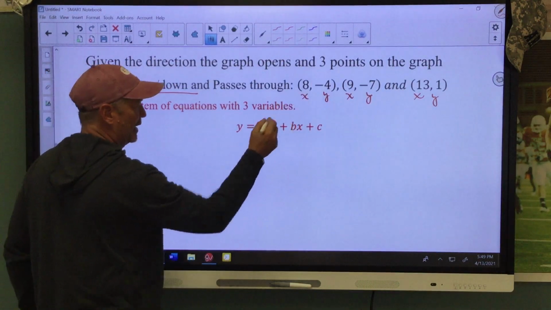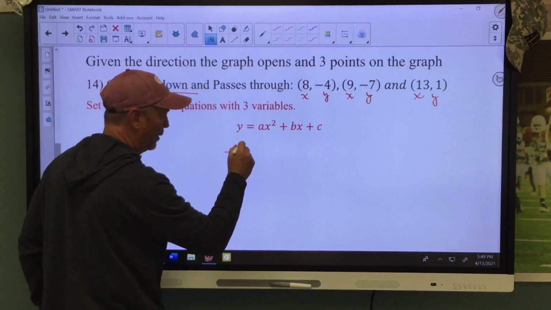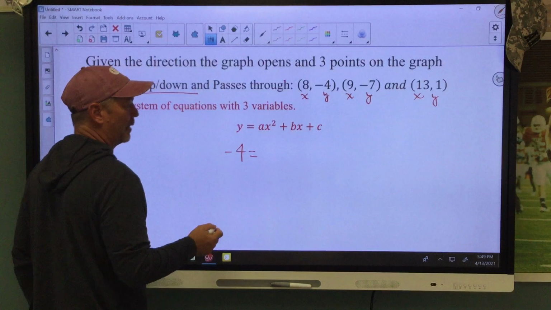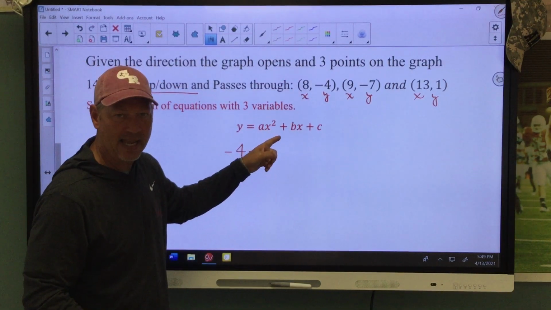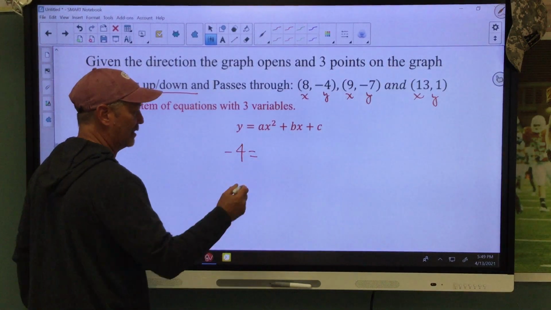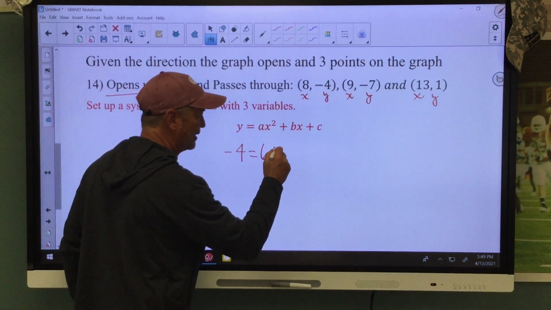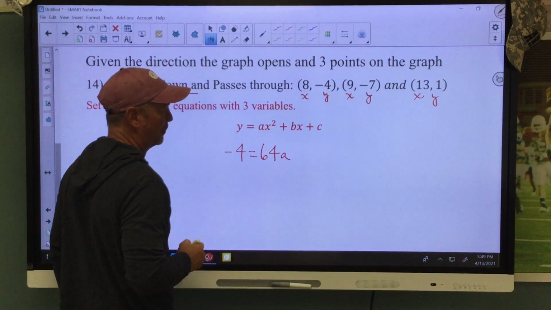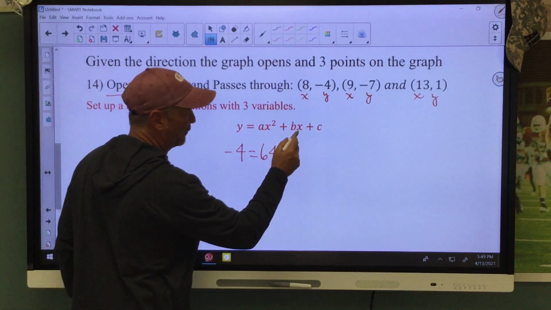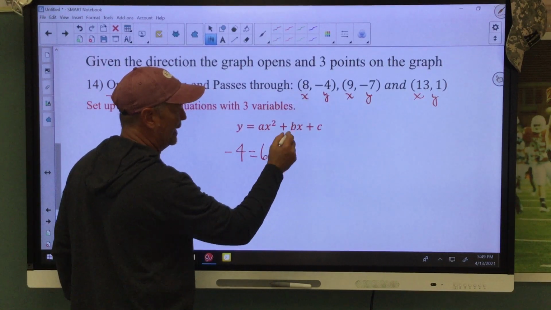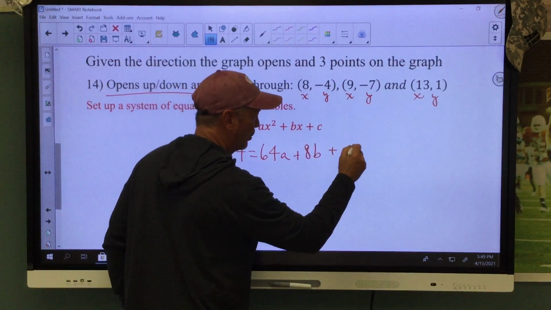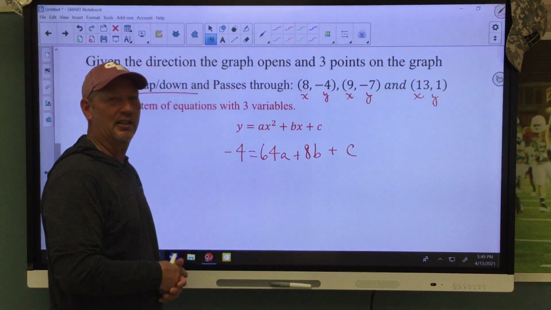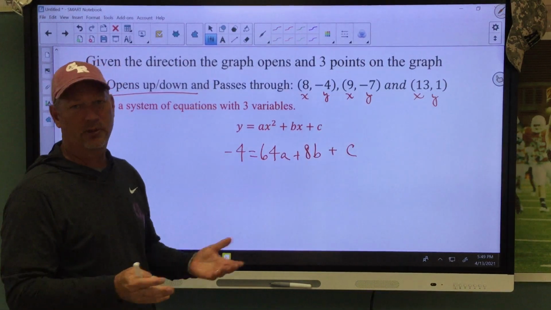Negative 4 equals, my x value is 8. We need to square the x, so 8 times 8 is 64. That's going to give me 64a. My x value is still 8, so 8 times b is 8b, plus c. We do not mess with the c because we don't have anything that will mess with it.